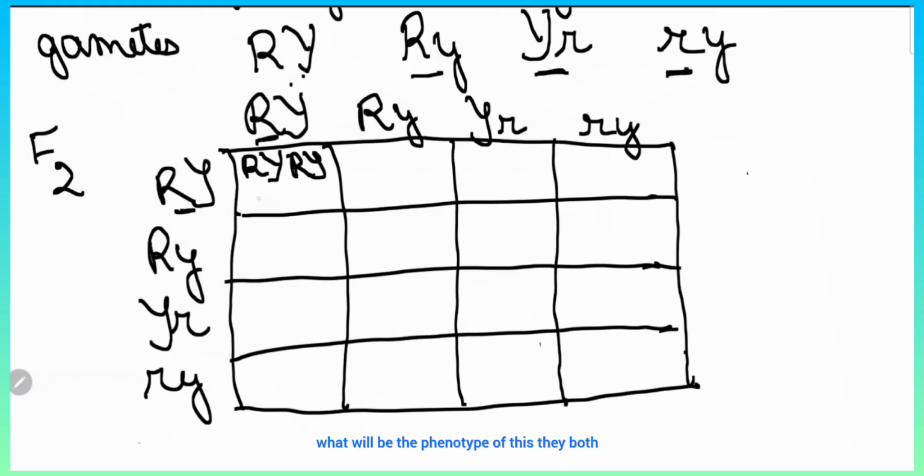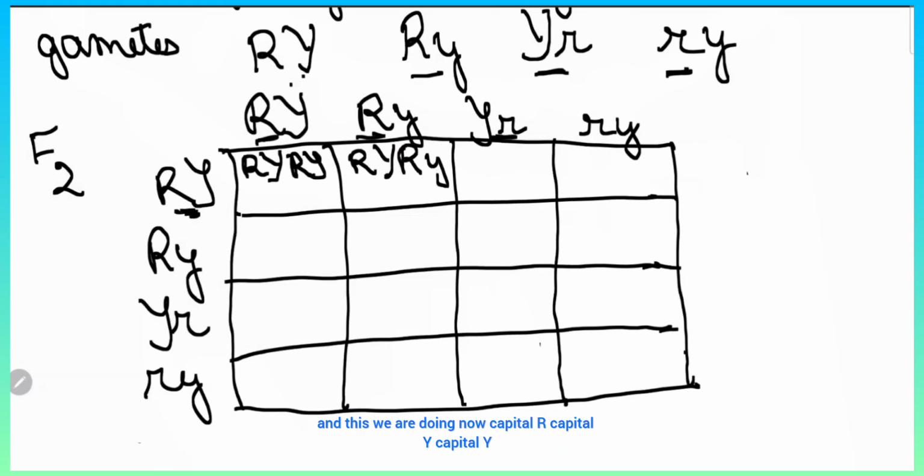So what will be the phenotype of this? They are dominant. That means both will be showing dominant characters. Then this and this here: capital R, capital Y, capital R, small y. Similarly, this and this we are doing now: capital R, capital Y, and again small r.